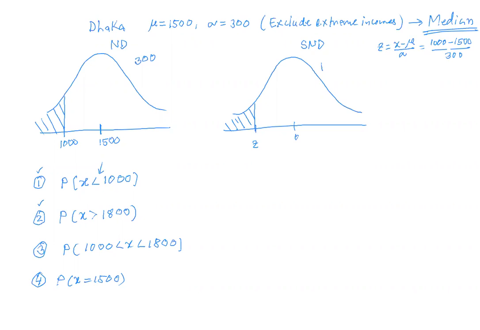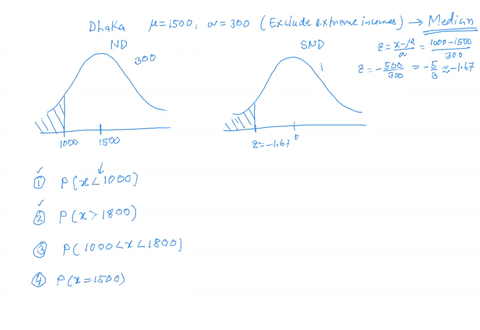That is going to give you z is equal to negative 500 over 300, which is negative 5 over 3, or approximately negative 1.67. It's negative 1.66 repeating, so it's negative 1.67.